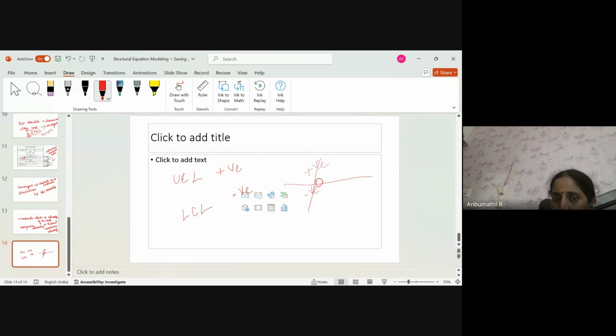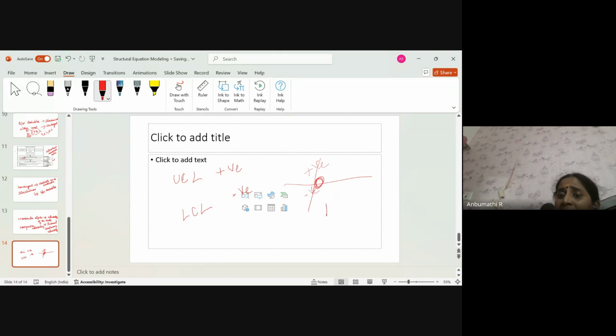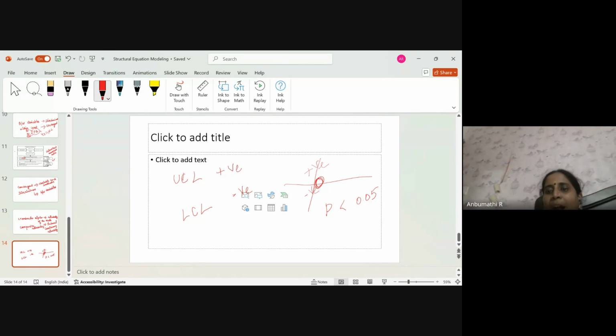So when this LCL UCL range passes through the value 0, it means that even though the p-value is less than 0.05, this UCL is positive and LCL negative, so that path is insignificant. Do you understand now?